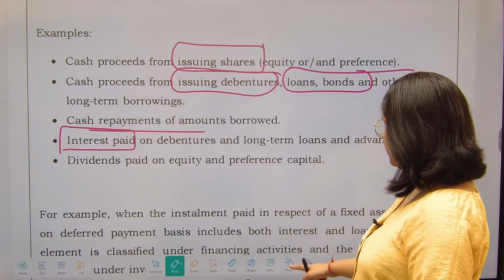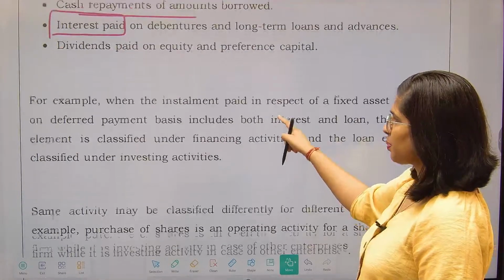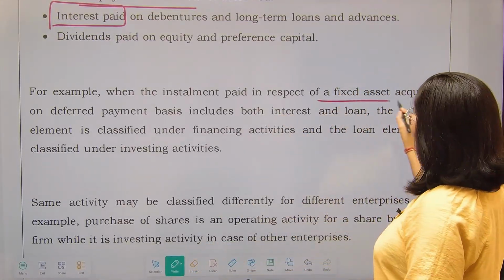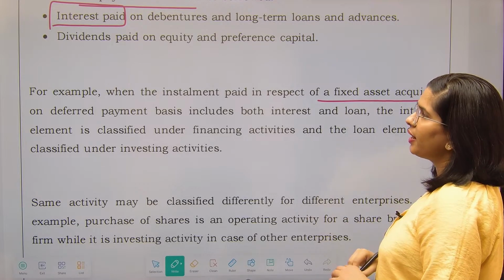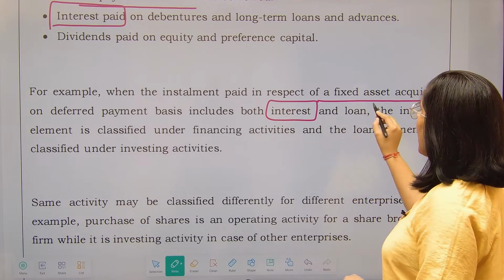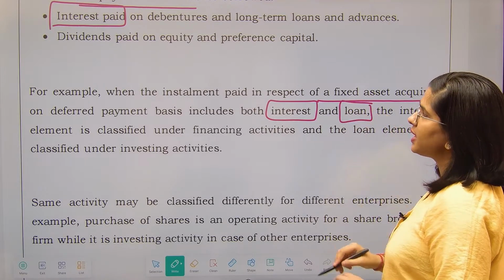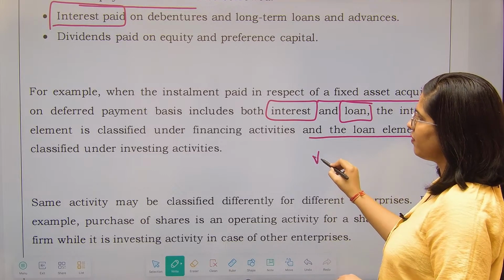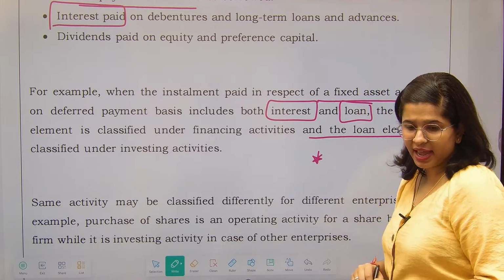Now for example, when an installment is paid in respect of fixed assets acquired on deferred payment basis, it includes both interest and loan. The interest element is classified under financing activity and loan element will be classified as an investing activity.